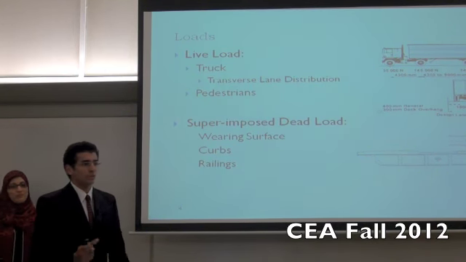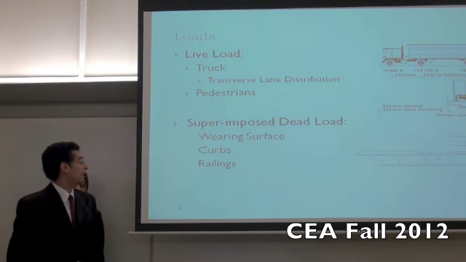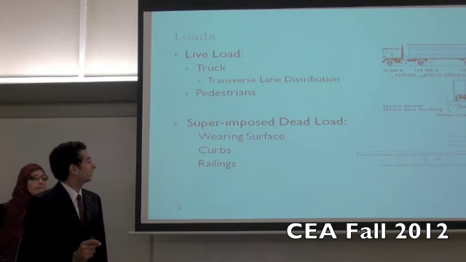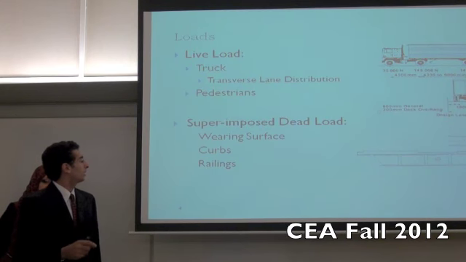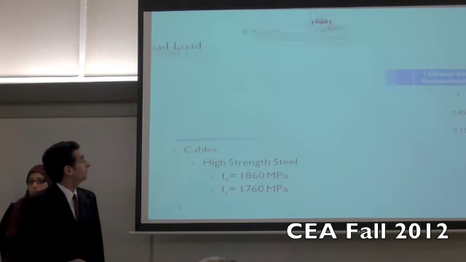It is 120 centimeters wide and 30 centimeters high, and the railings are two tube rails mounted on the curbs. It is 85 centimeters high above the curbs.